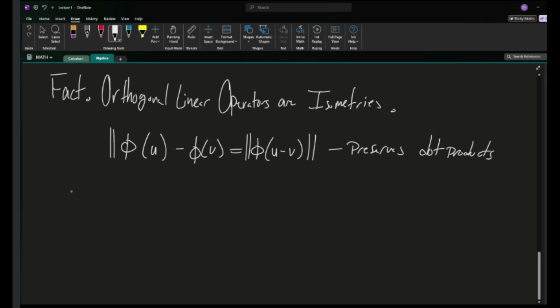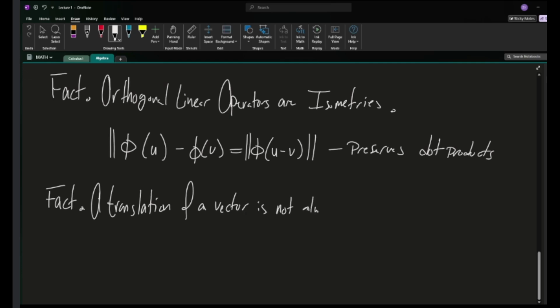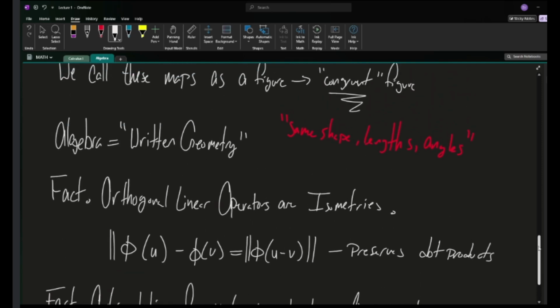So let me write this as a fact: a translation of a vector is not always a linear operator, because we don't always have the fact that it's mapping a figure to a congruent figure.